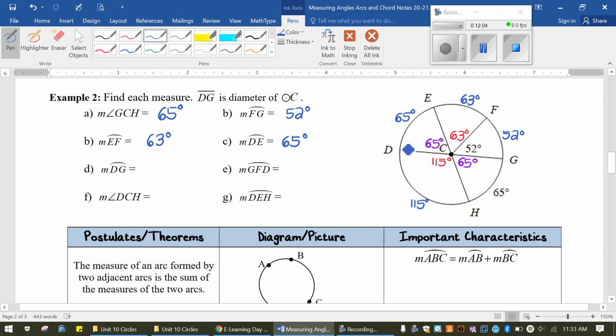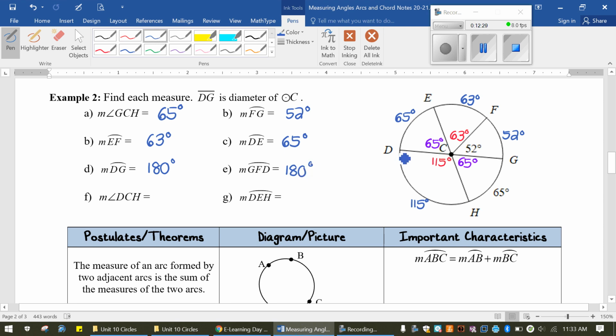DG, up to you whether you want to go over the top or if you want to go underneath. But either way, that's halfway around the circle. It's going to be 180 degrees. Measure of arc GFD, D, then hit F, then D, also halfway around the circle is 180 degrees.